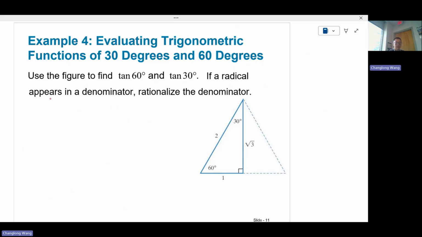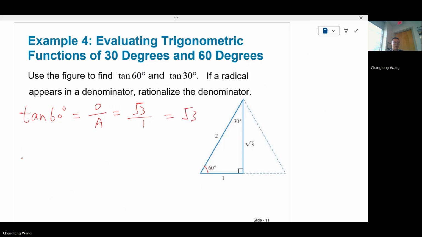Sine and cosine are probably more intuitive now, so they want us to try the tangent. Say tangent 60 is right here. Tangent is opposite over adjacent. Opposite is radical 3 over the adjacent is 1, so radical 3.